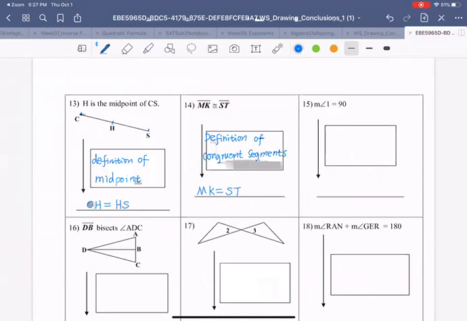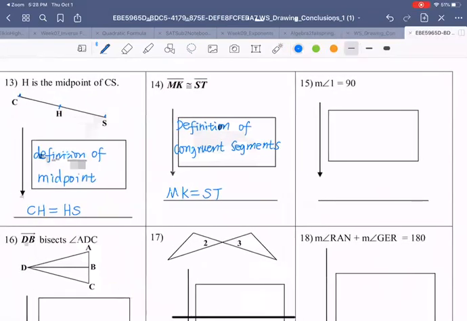Okay. Measure of angle 1 is 90. That means it's the definition of a right angle? Yes, very good. Right angle, and then measure of angle 1 is equal to 90 degrees.